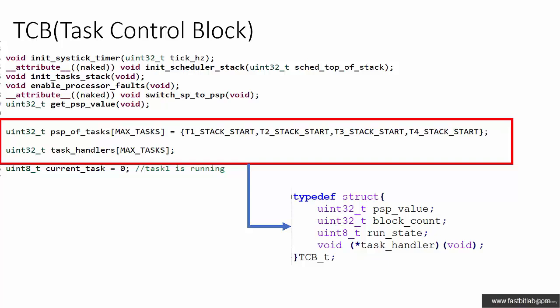We are going to create a task control block, TCB, because in our code we have these separate global variables like PSP of task handlers, everything.